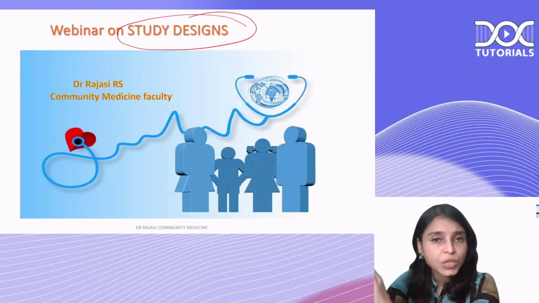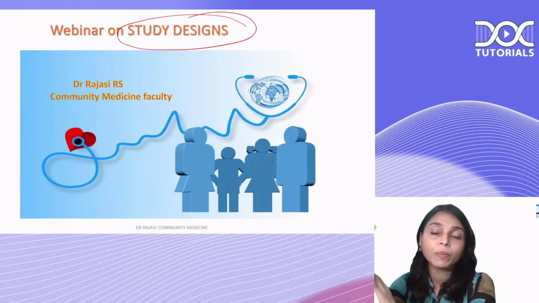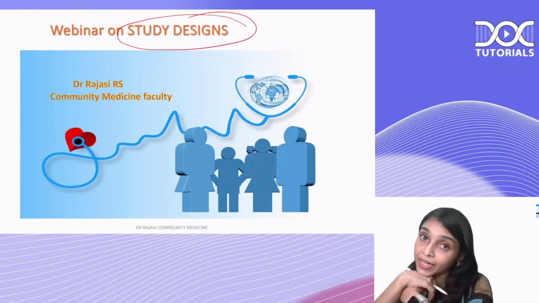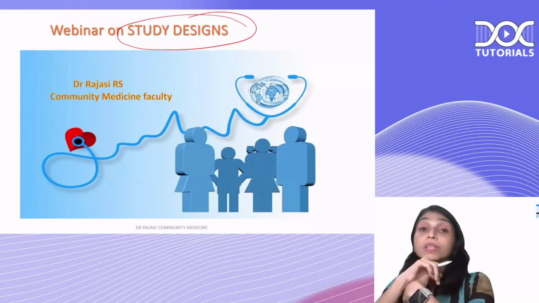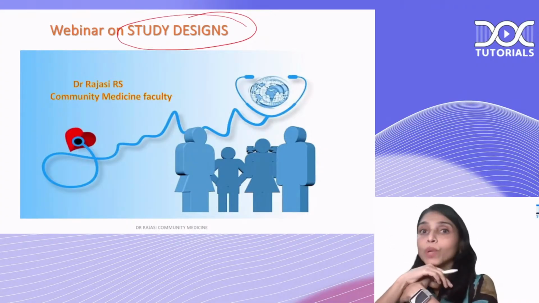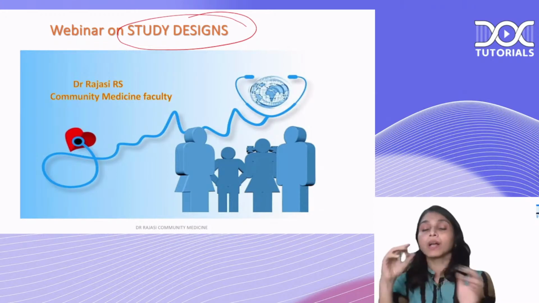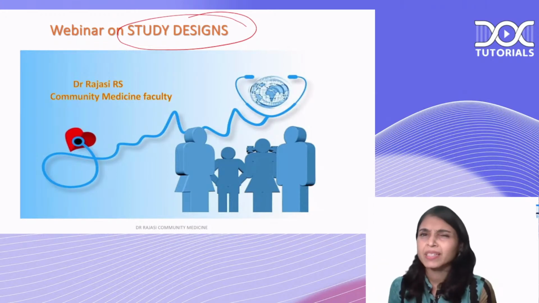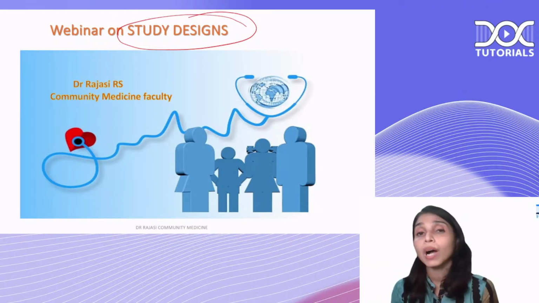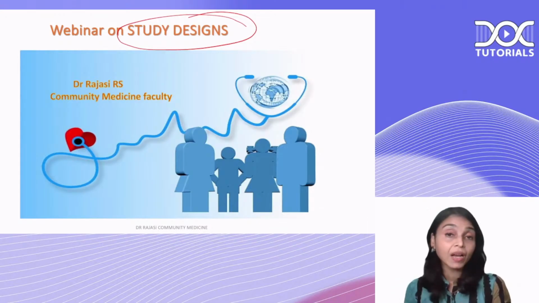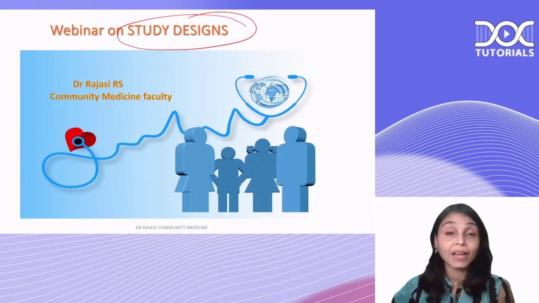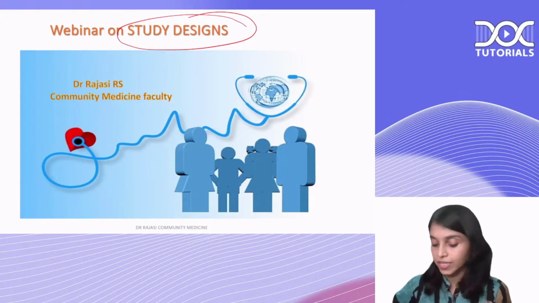So such questions will be there, and there will be some sub questions. Identify the study design. What are the outcome measures? What are the steps in conducting the study design? How will you interpret the result? It is usually difficult for you guys to identify or to differentiate. So I thought we will discuss the main study designs.